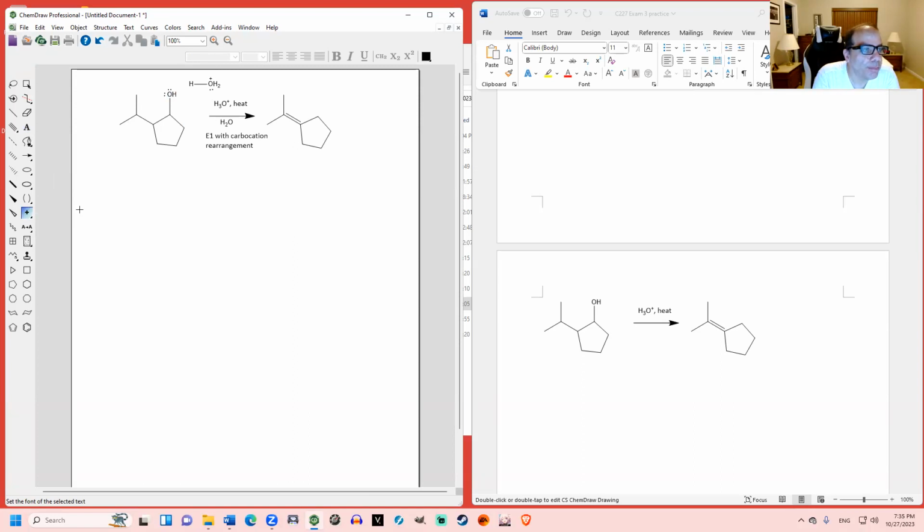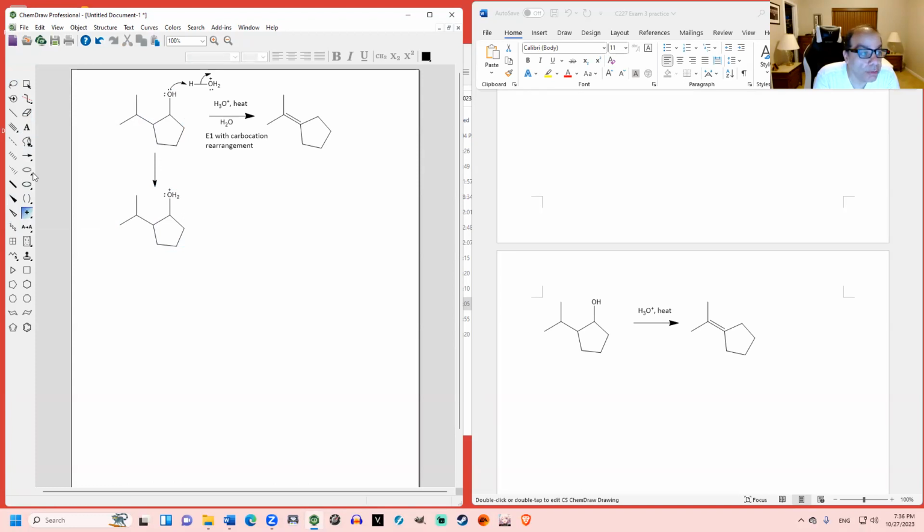So there's our H3O plus molecule. In the first step, you'll show the oxygen being protonated by the hydronium ion. And now we have a water molecule as a leaving group.